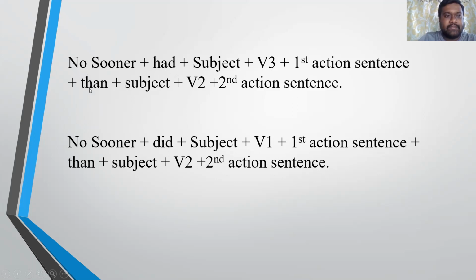And to join the sentences, there should be the word than. The second formula: no sooner plus did plus subject plus V1 plus first action sentence plus than plus subject plus V2 plus second action sentence. When you write no sooner did, the verb will be in V1 form, and than is used to join the sentences.